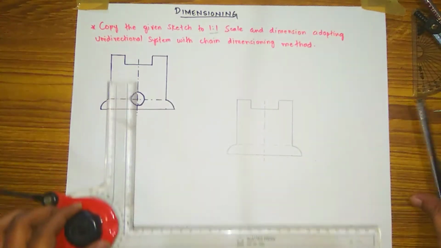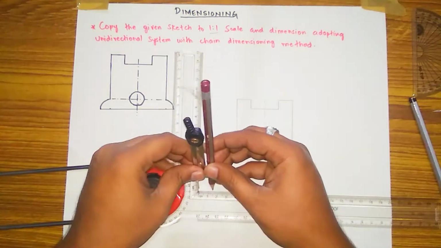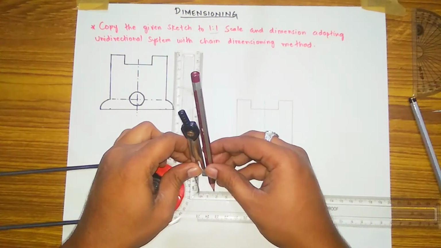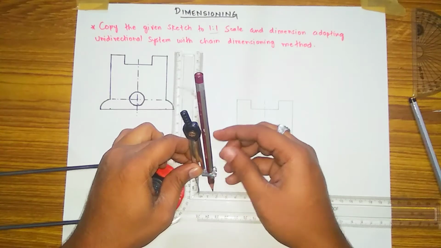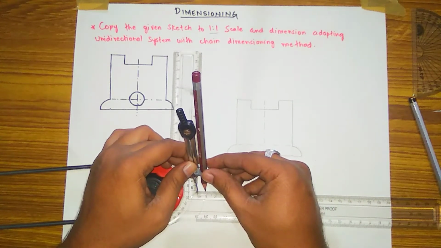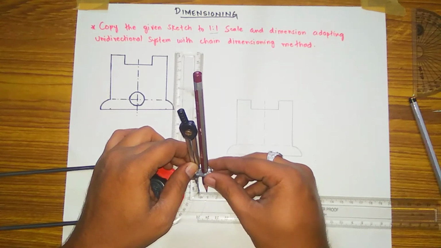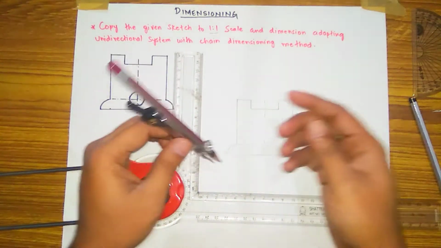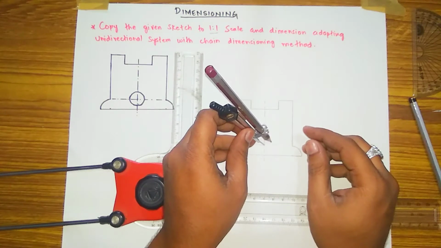To draw this 15 mm circle, you have to take half of it, that is 0.75 centimeter, meaning 7.5 mm.